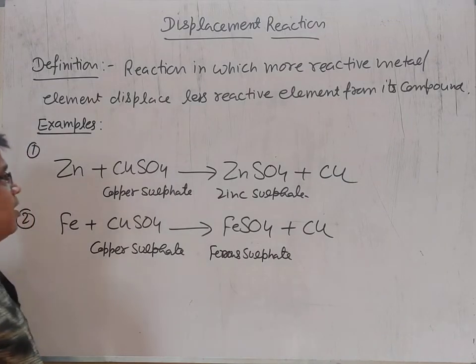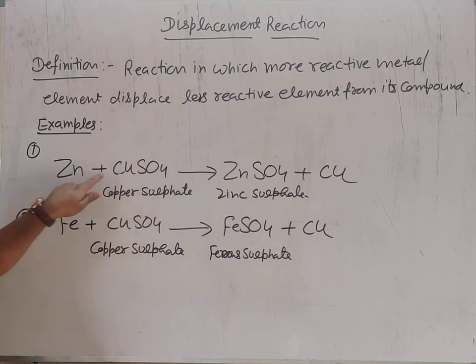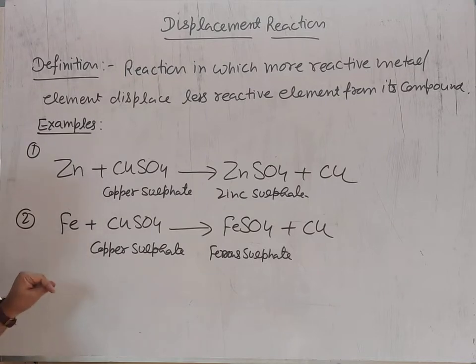Now a question can be asked like this: what happens when zinc is placed in copper sulfate solution? Or what happens when iron is placed in copper sulfate solution? Or what happens if copper sulfate solution is kept in an iron container?